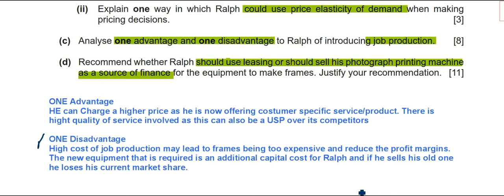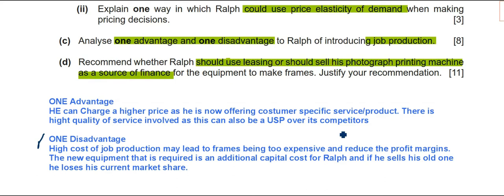Now if Ralph is going for the new equipment, he will have to pay the additional capital cost, and if he sells his old one to fund the cost of purchase of the new equipment, that will also mean that he might be leaving his current business, his current customers or current market share, and that may reduce sales revenue or the variety of services that he is offering.